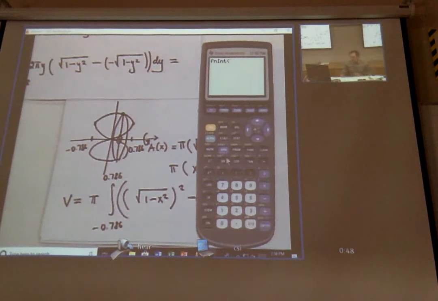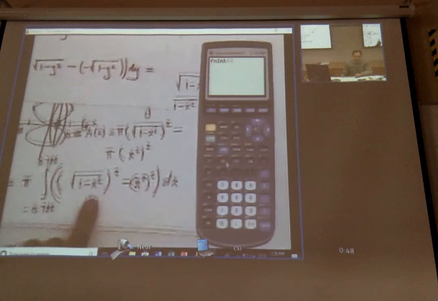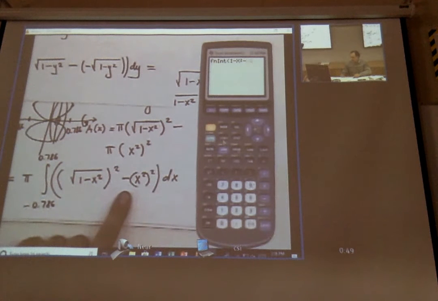So my function, well, probably I should square this, right? So I will have my function 1 minus x squared, good. And then minus x to the 4th. X to the 4th, right.